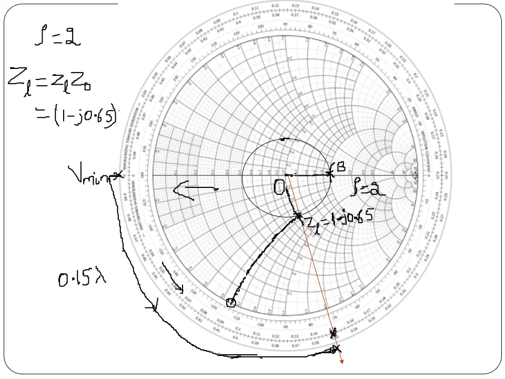Z0 is given in the problem as 50. Therefore, ZL is equal to 50 minus j32.5 ohm. This is the answer for the third problem.